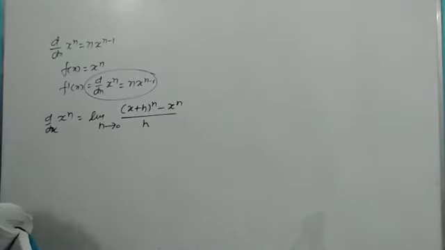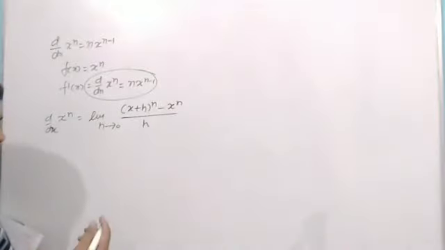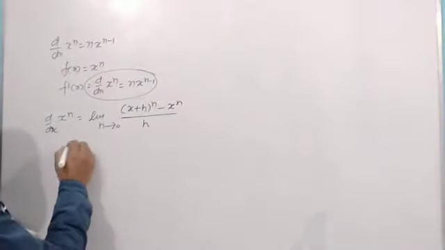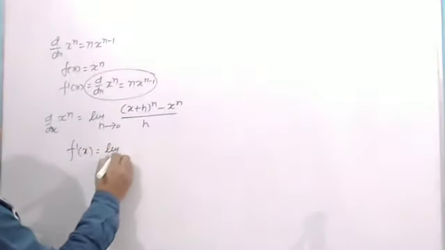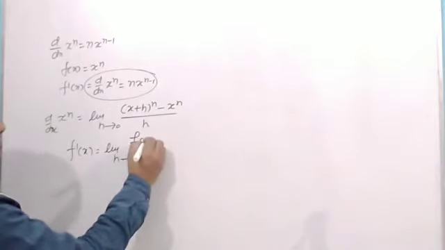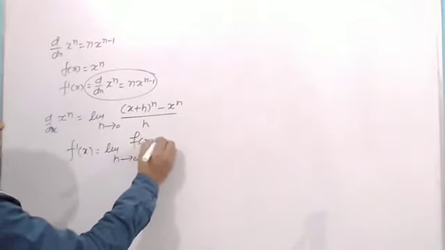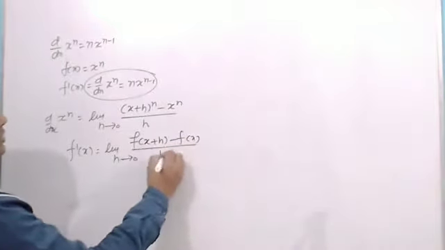Now the question is, where has this come from? I think in the starting of the class I told you the differentiation of a function at any point was written as f dash x equal to limit h tends to 0, f(x plus h) minus f(x), and whole upon h.